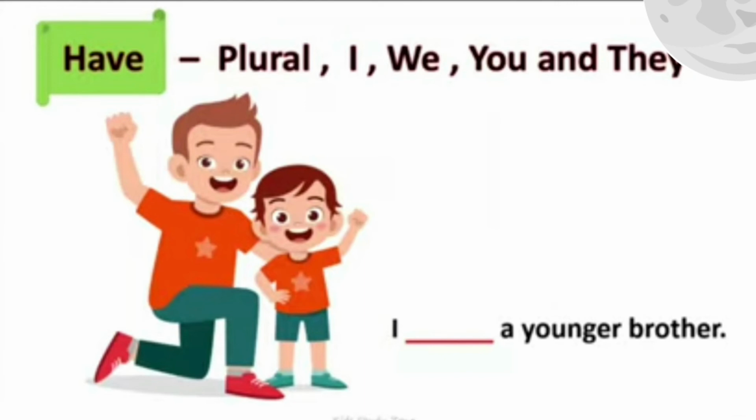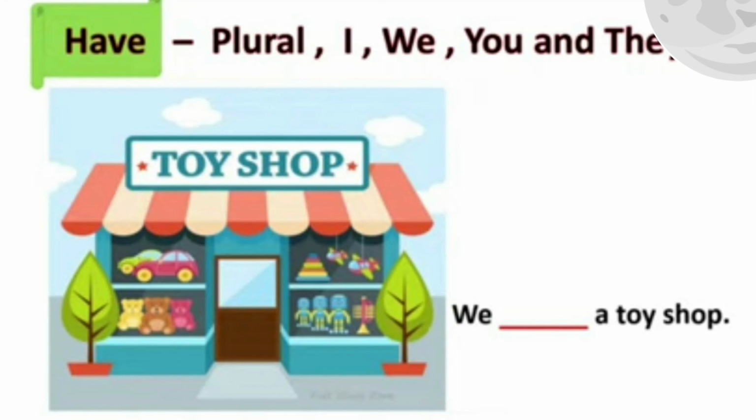So children, as we can see in the rule box, after I, we should use have. So children, it will be I have a younger brother. Next, we dash a toy shop. Again, look at the rule box. Yes, after we should use have. We have a toy shop.